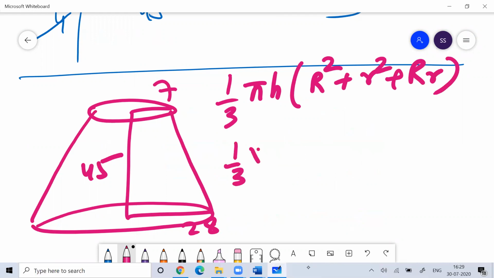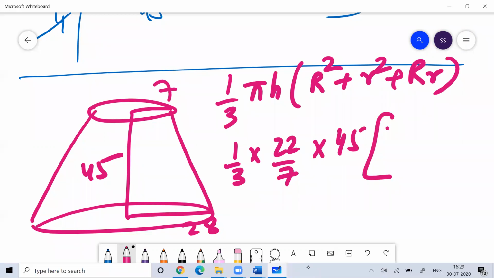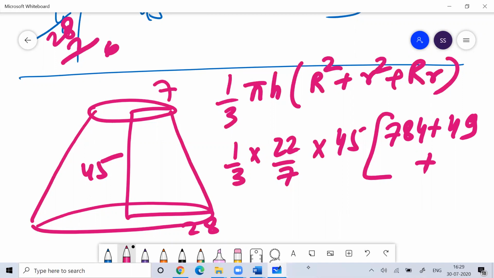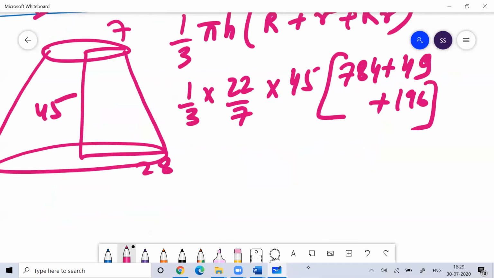So 1 by 3 pi is 22 by 7, h is 45. So this is 28 square 784, plus 7 square 49, plus 28 sevens are 196. So you can calculate this.